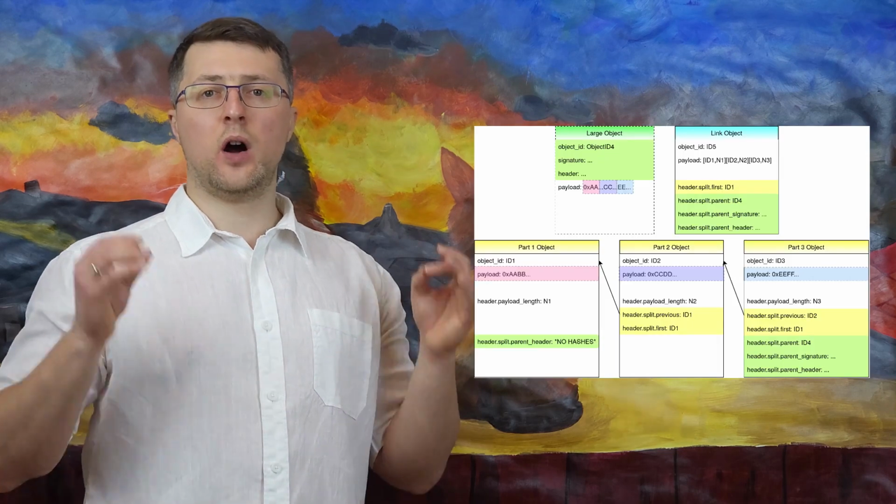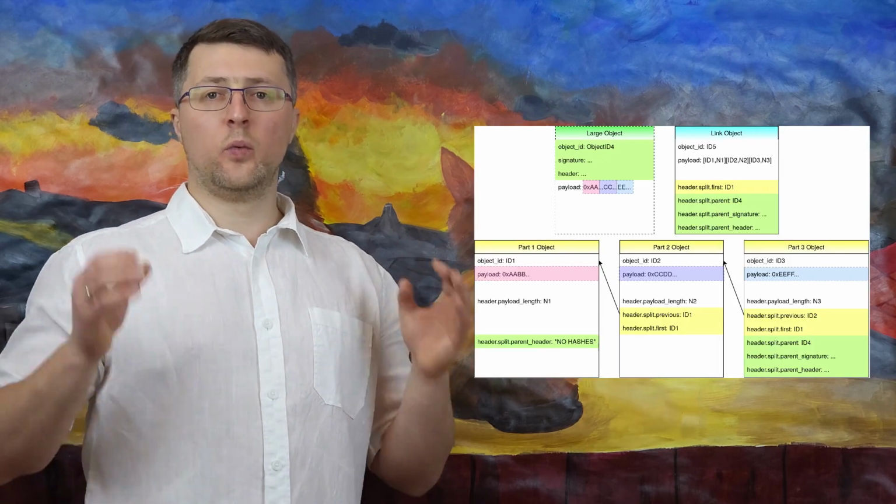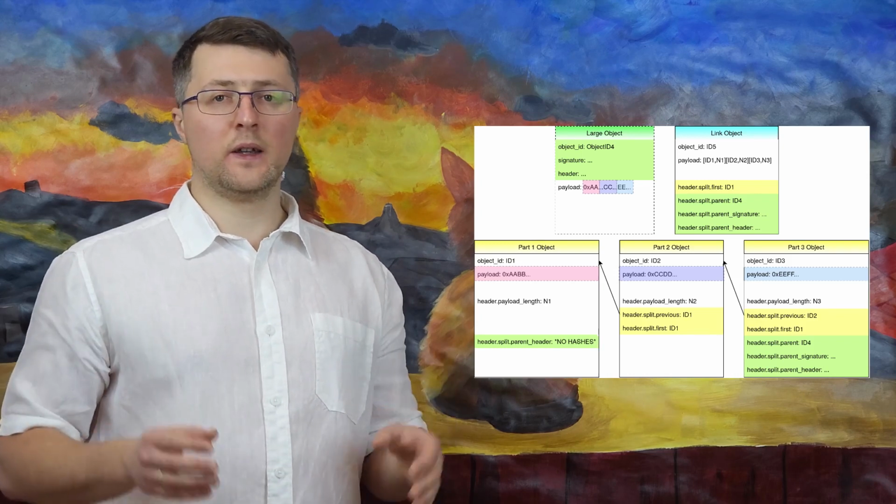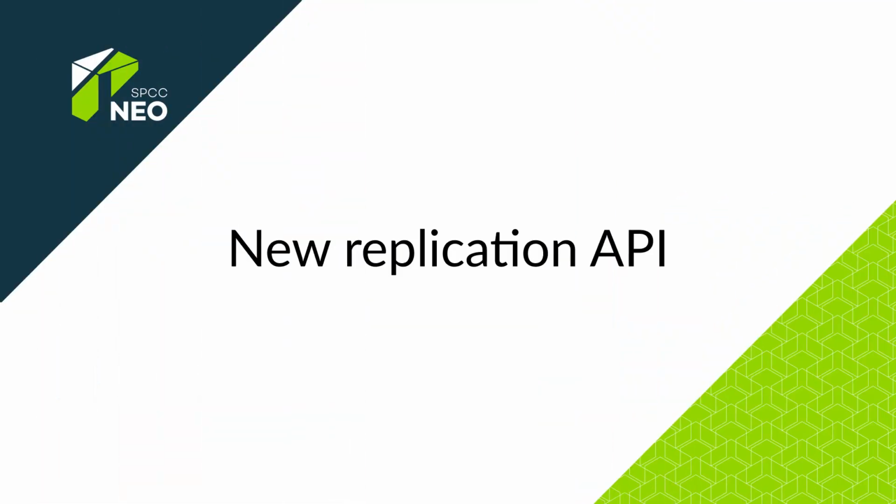To solve all of these problems, we have designed a new split scheme that is already implemented, tested, and, you wouldn't believe, even documented. Of course, the old scheme is kept for compatibility. We already have large objects using it in our networks, so these objects will still be available. But starting with the next release, all new large objects will use an updated scheme, providing more possibilities for your applications.